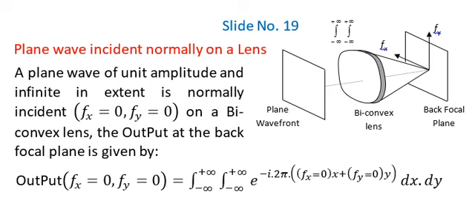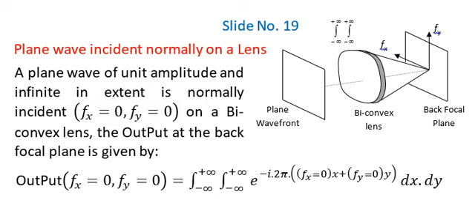This figure demonstrates that a plane wave front is incident on a biconvex lens, and the lens focuses the information at a plane which is known as the back focal plane, situated at a distance f equal to the focal length of the lens. Since the plane wave is incident normally, we have fx equal to 0 and fy equal to 0.